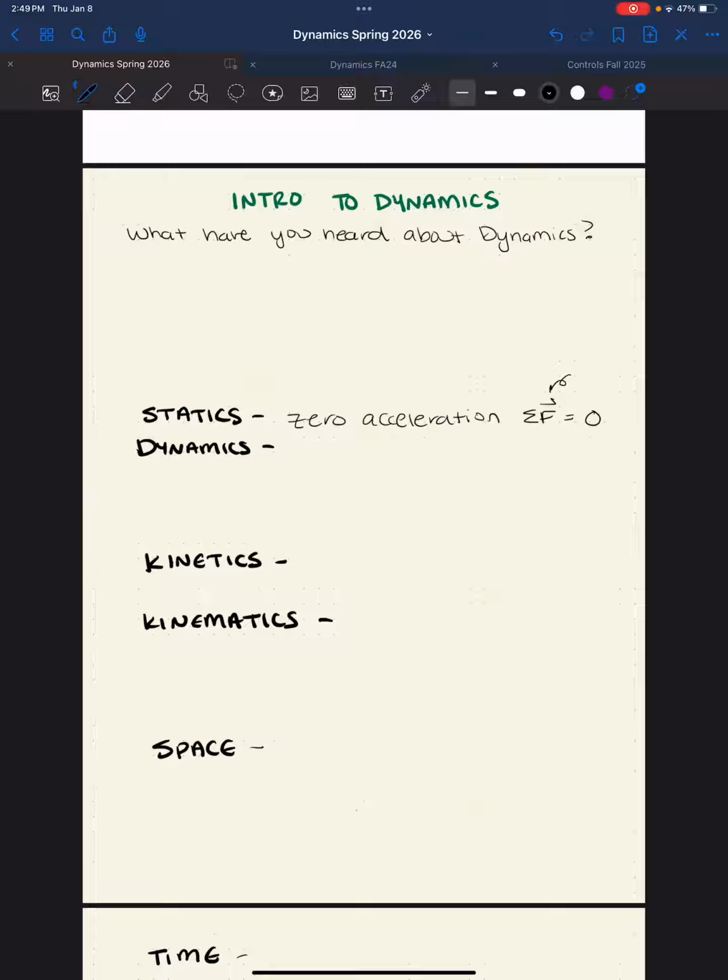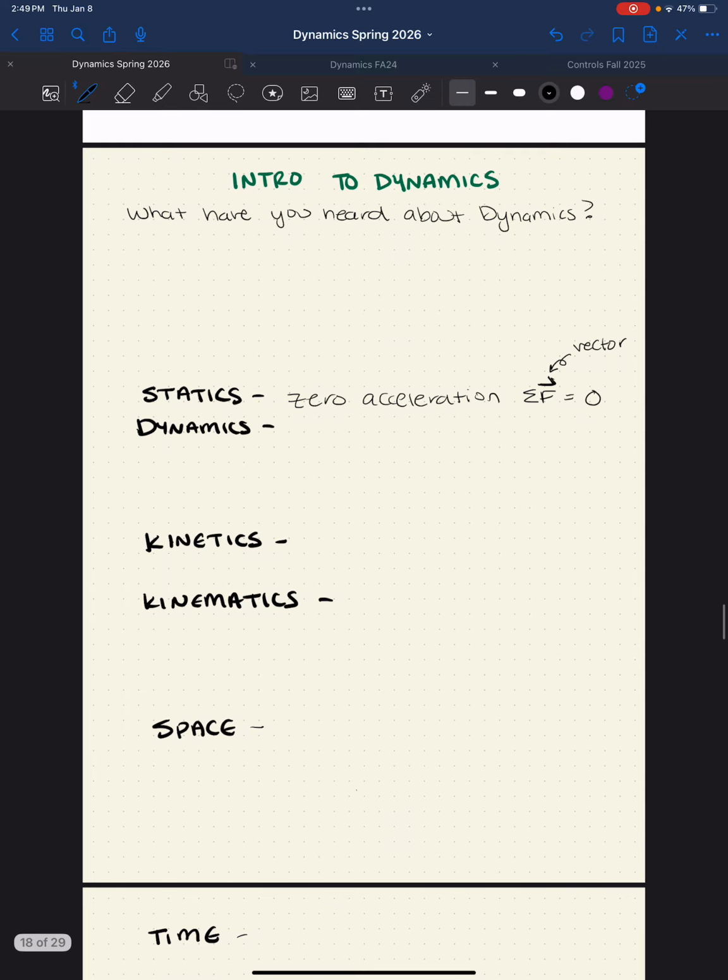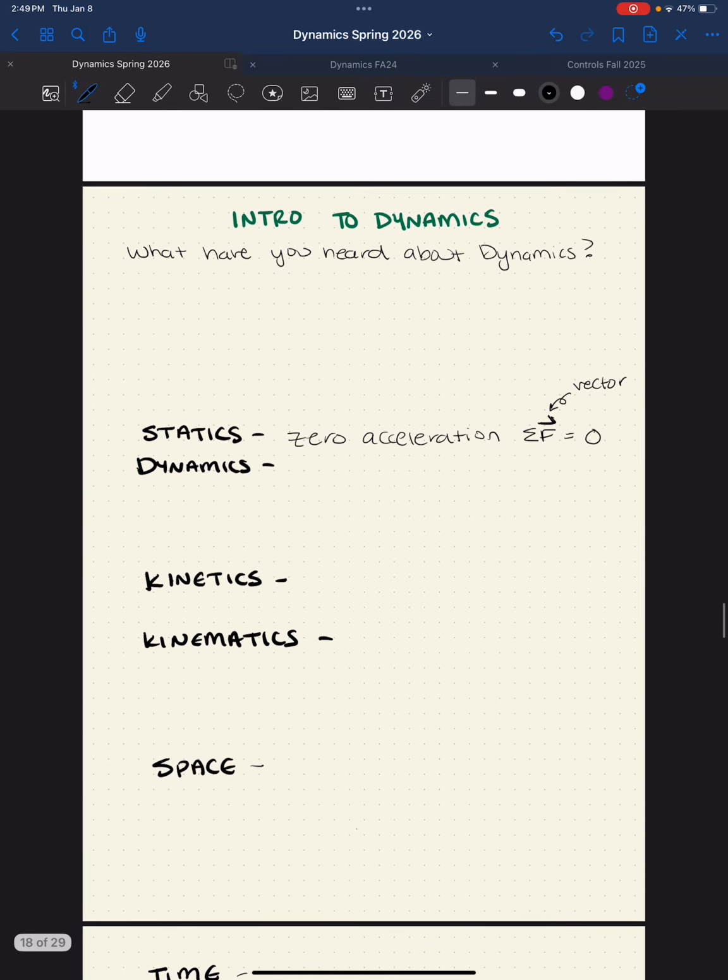And I said that this little symbol here that I've put over top of F denotes that F is a vector quantity. It's not a scalar, but it is in fact a vector, so it has multiple components to it. Okay, and we said that this is different in dynamics. In dynamics, we are assuming that there will not be zero acceleration, and in fact, we will be dealing with non-zero acceleration most of the time.